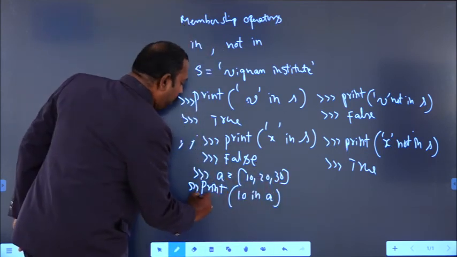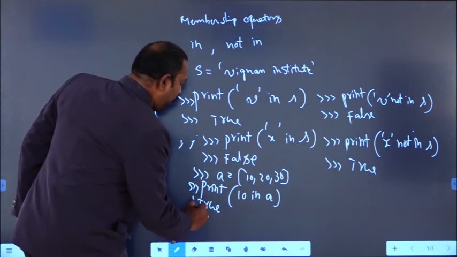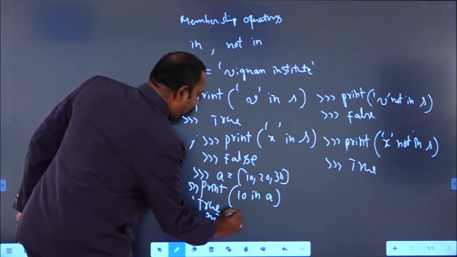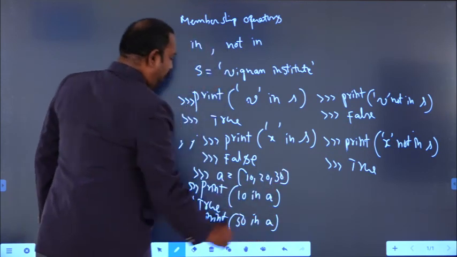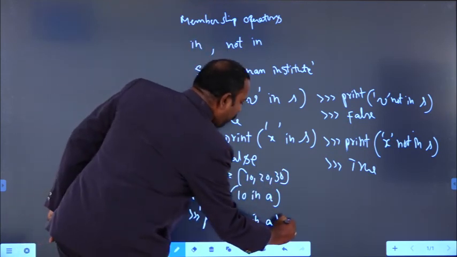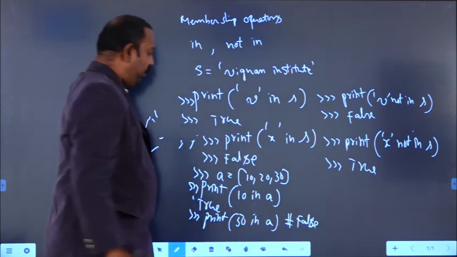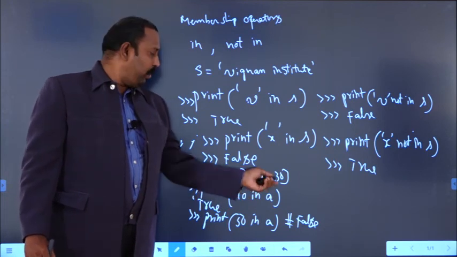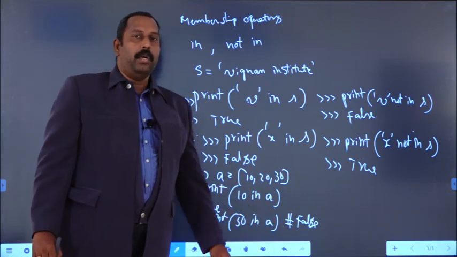It is available, that's why you will get the output true. Suppose I write print 50 in A, you will get the output false, because 50 is not available in A. In A we only have 10, 20, 30.